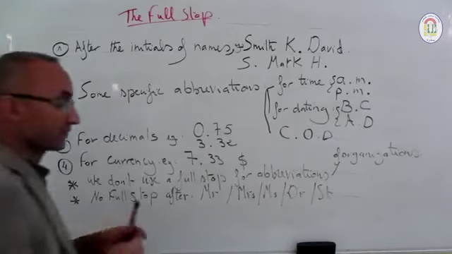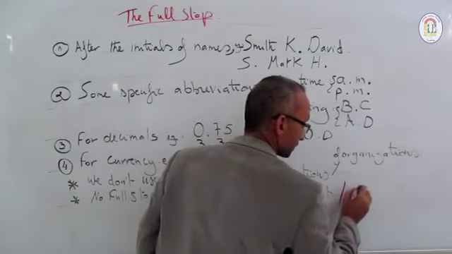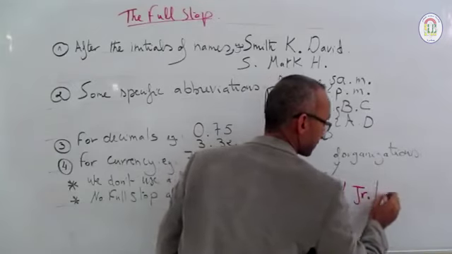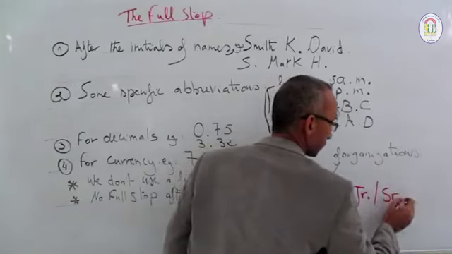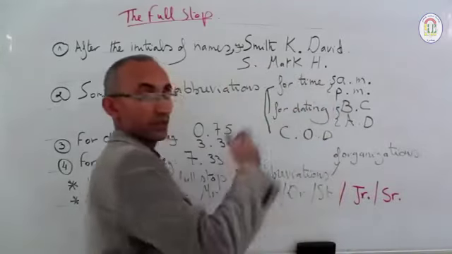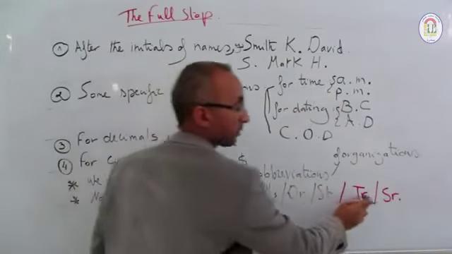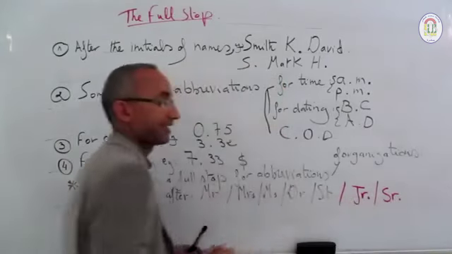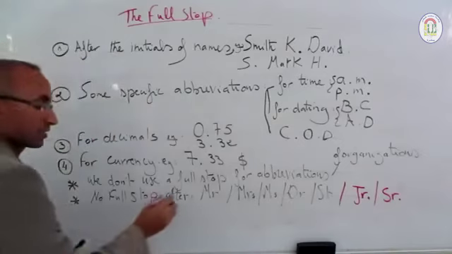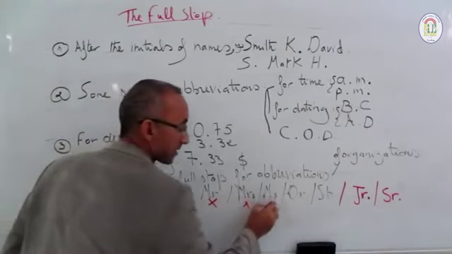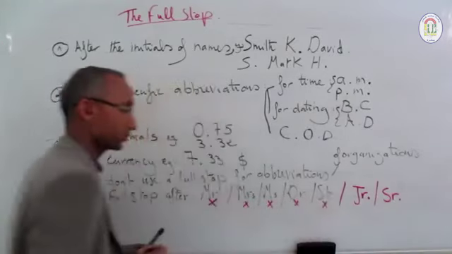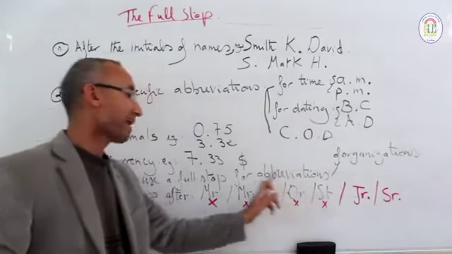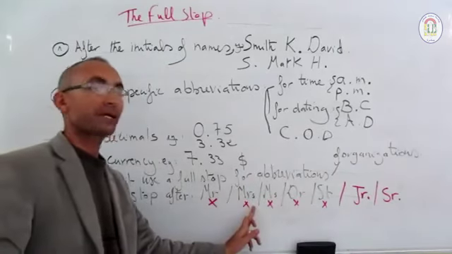But after Junior and Senior, which come after the name, we put a full stop. The British put a full stop after these two abbreviations, but not after the others. In case you find full stops after the others, it's not wrong, but it's the American version of punctuation.